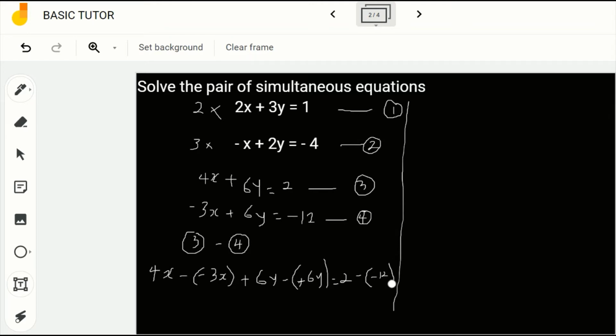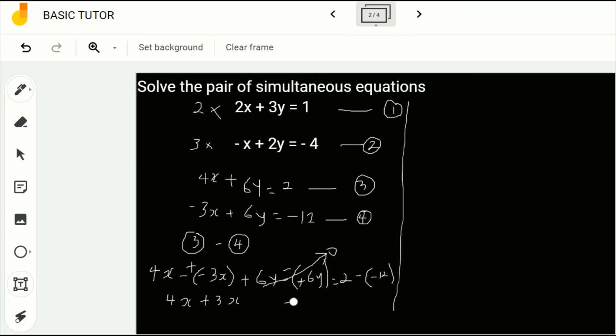So what next? We have 4x. Now minus times minus is a plus, so we have plus 3x. Minus plus is a minus, so 6y minus 6y is 0, so my y is out.